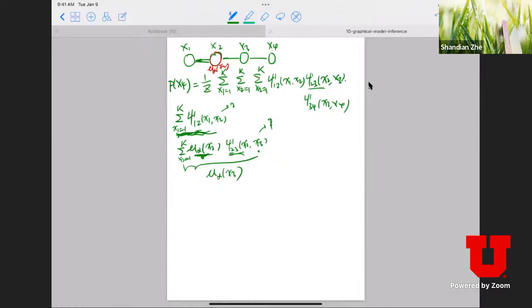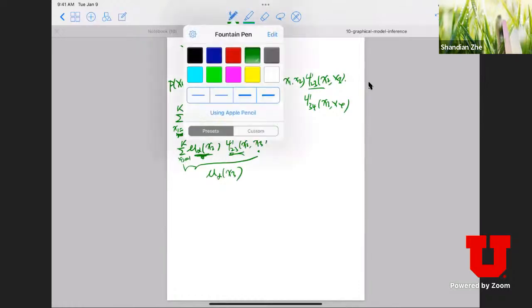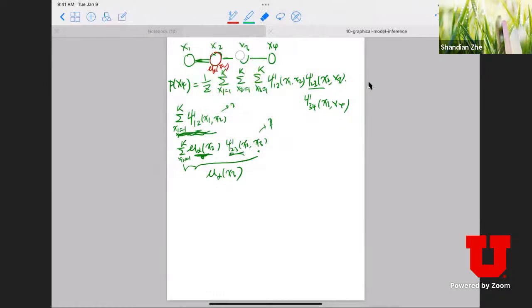But with this function, you can imagine that different values of x3 here actually include the aggregation of all the configurations of previous nodes x1 and x2 in their potential functions.